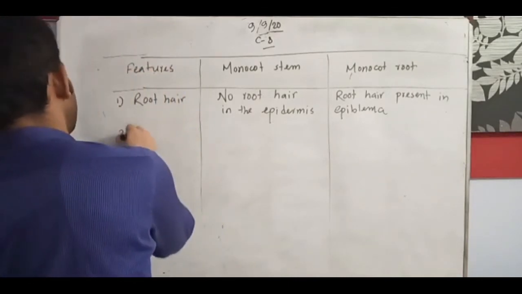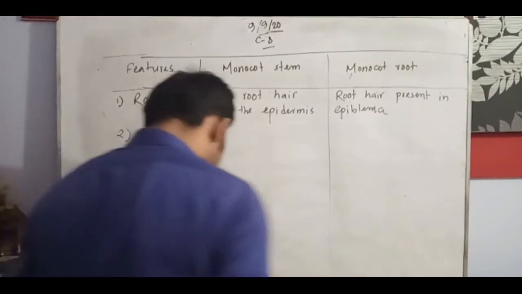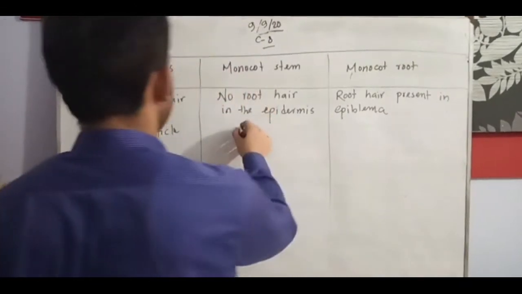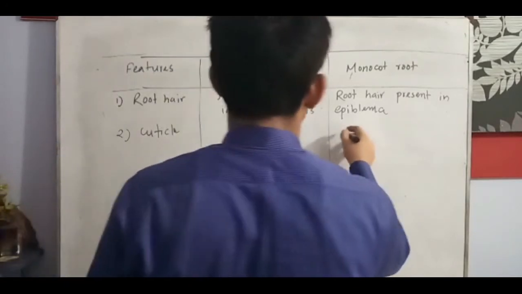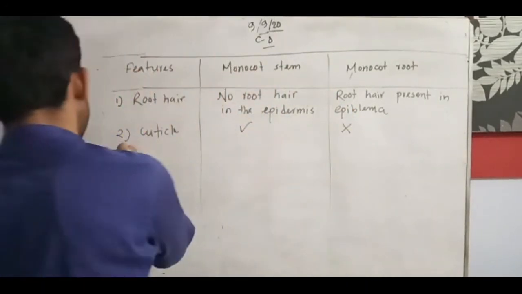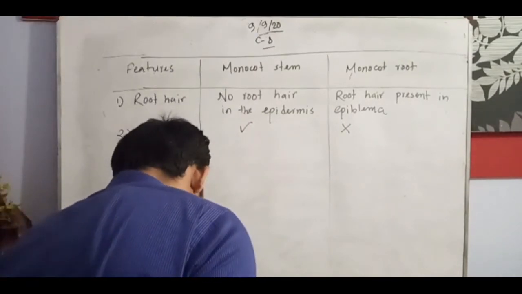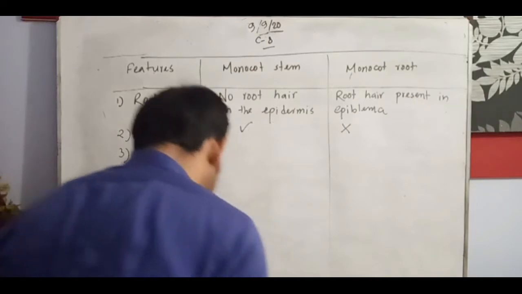Then cuticle. Yes, cuticle is present here in the case of the monocot stem. In the root, no cuticle is present. Number 3 we will try to understand: hypodermis.